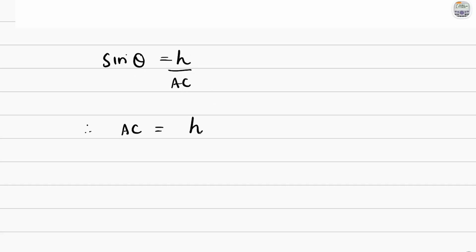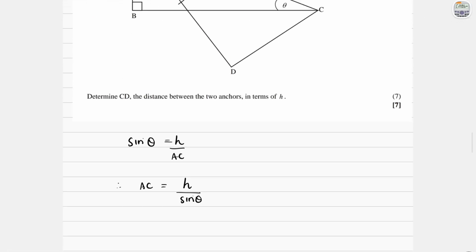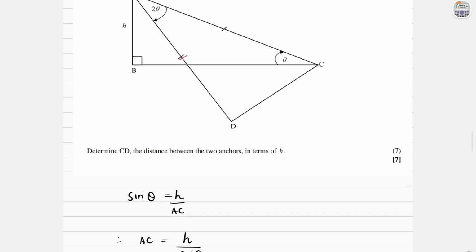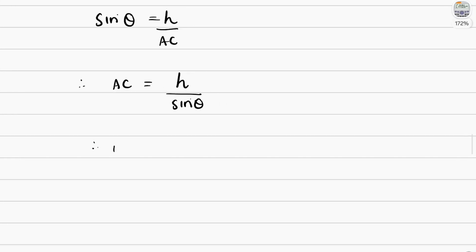So AC is equal to H over sine theta. Now we have an expression for AC in terms of H, and we know that AC is equal to AD, so AD is also equal to H over sine theta.